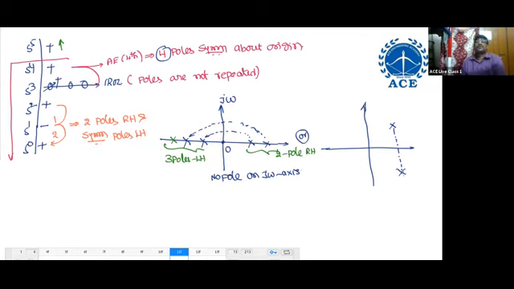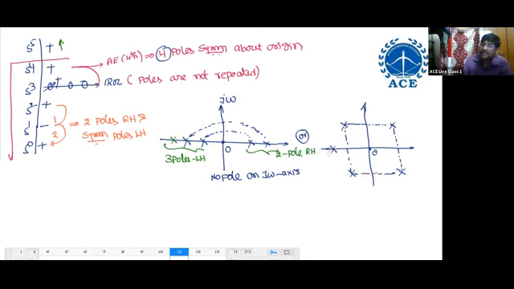Simply we say two poles right, but whether they are on the real axis or complex conjugate, we cannot decide. So even we can place them like this, and this is also correct. Here also two poles right and symmetrical poles in the left half.